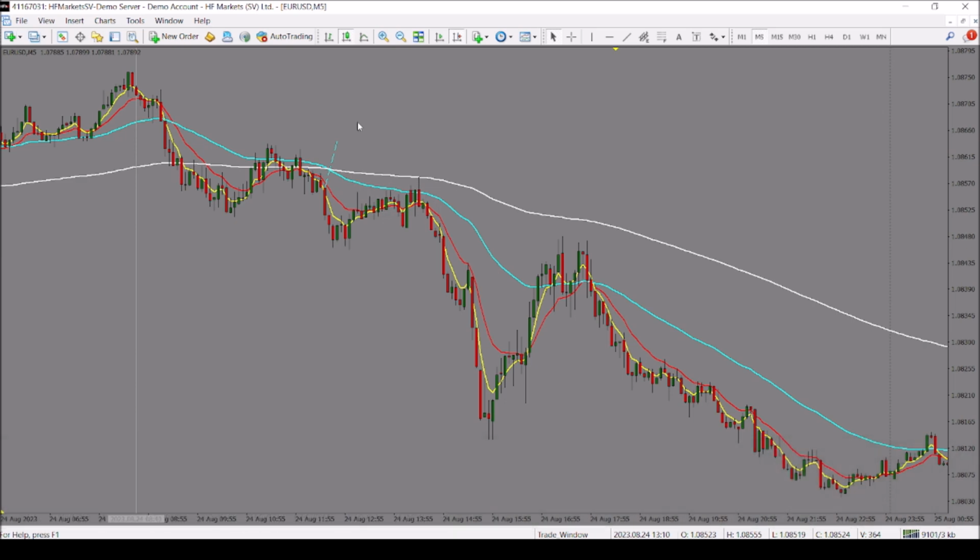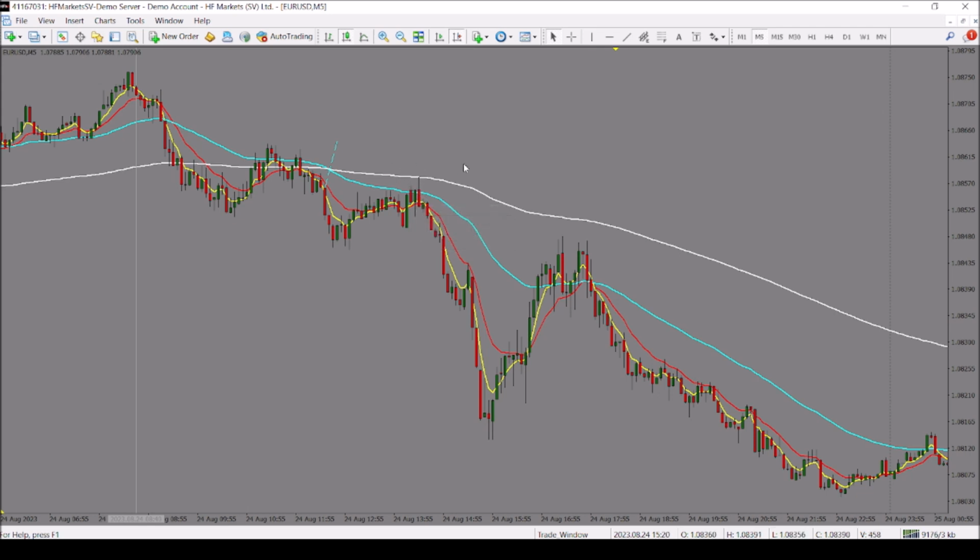Our entry is going to be made at the first retest of the 50, like in this scenario. We had a downward move whereby we had the 50 crossing the 200, and then the first one was actually a retest of the 50 at this particular point, and then a closure of the candlestick below the 13 was going to be our entry point.